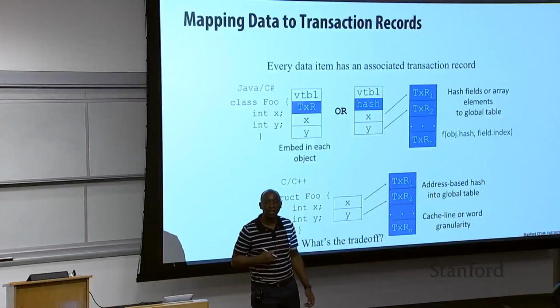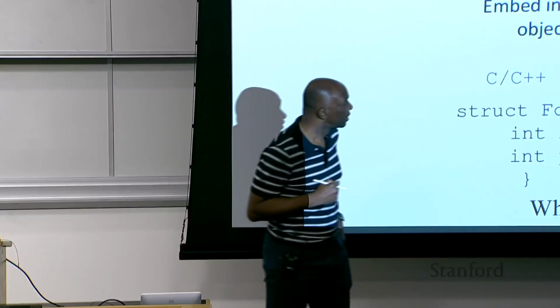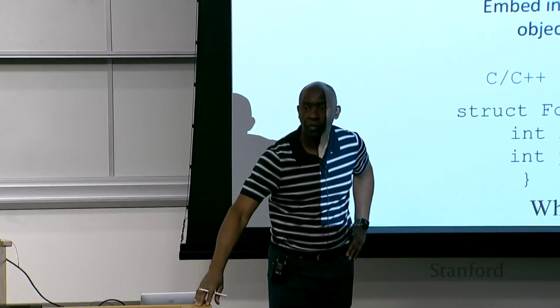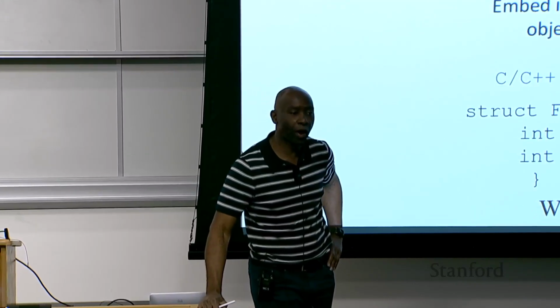Yeah, I guess when you have something at an object level, you assume all the properties are handled together, even though they could actually be independent. Like X and Y could be independent. You prefer finer grain. So what is going to be the impact of doing that?